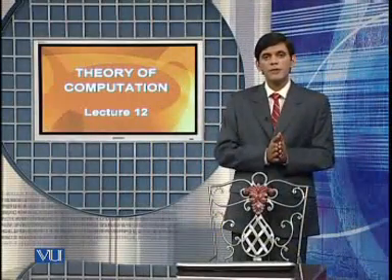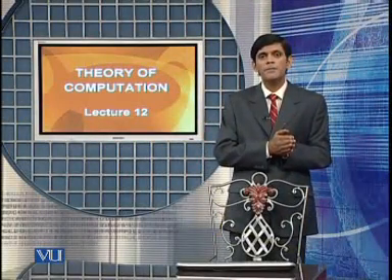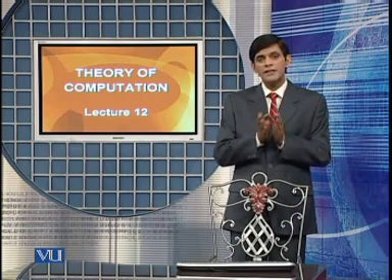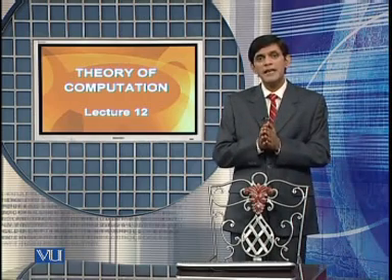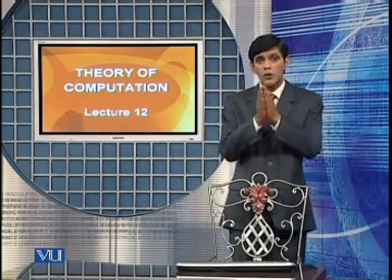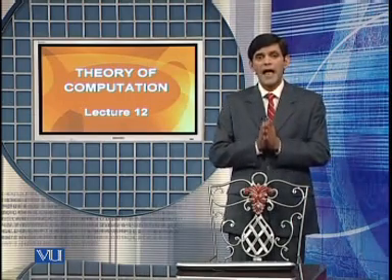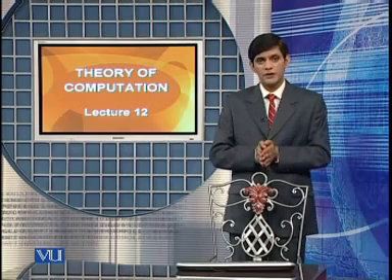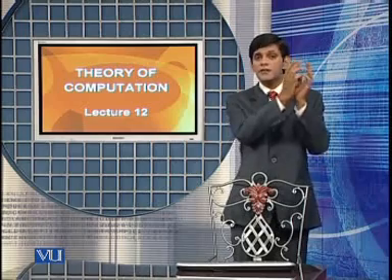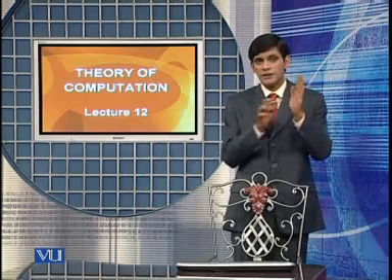So if the Turing machine in state Q, after reading A, goes into the state little r, writes a B and moves to the right, then we will have a domino which has QA at the top and BR at the bottom.